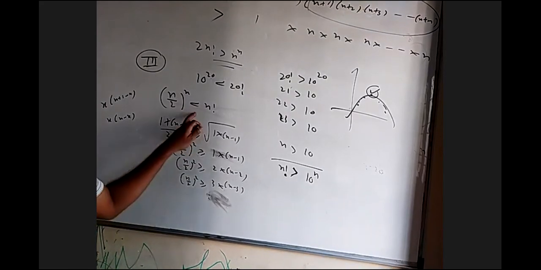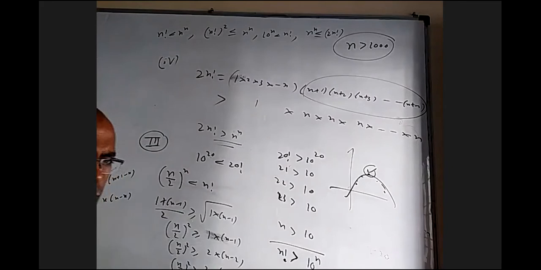Just a minute. This is less than versus greater than. I'll just compare with that. I want 20 factorial is greater than 10 power 20. Am I getting a reverse here, or should it not be? Correct one. I got reverse here, but what about this part?